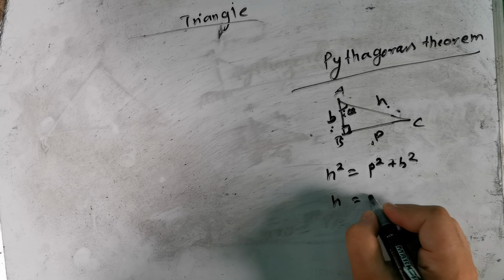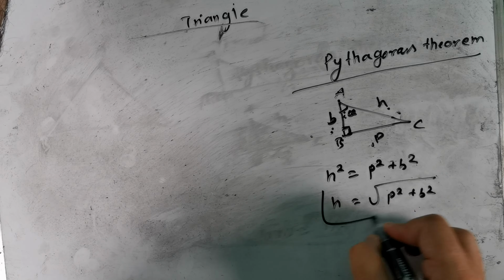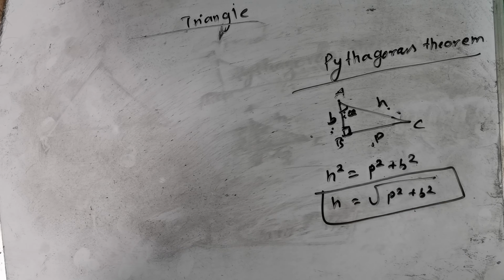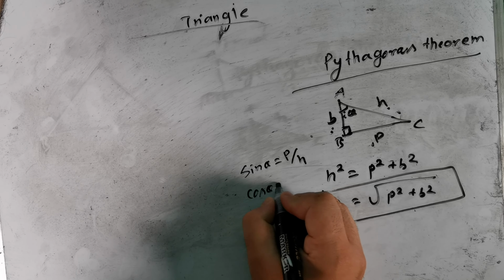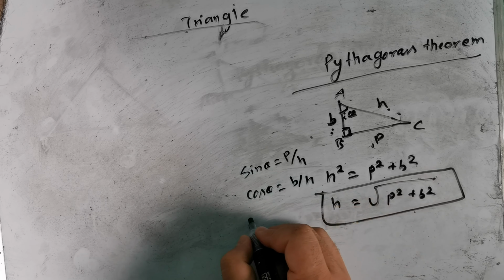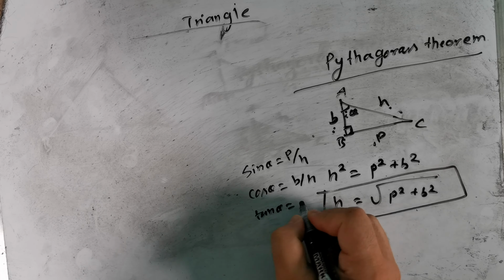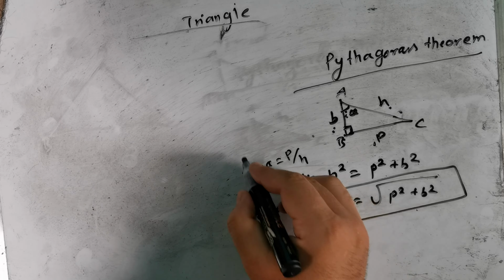Hence h is equal to under root p square plus b square. This is the formula of the Pythagoras theorem. We will talk later about sin theta equal to p by h, cos theta equal to b by h, tan theta equal to p by b.